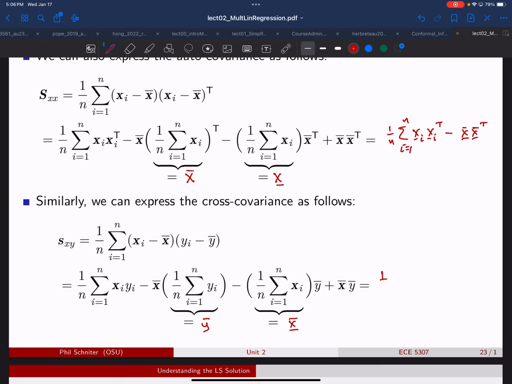So the whole thing simplifies down to the first term minus x bar vector y bar. Okay, so these are useful alternative expressions for those quantities.